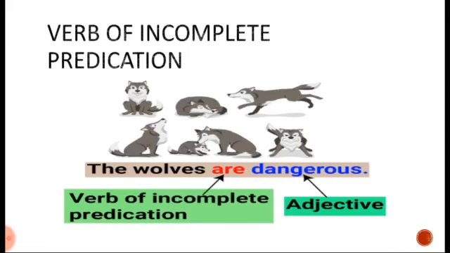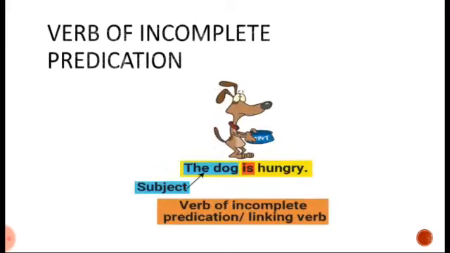See some more examples. The wolves are dangerous. What is the subject? Wolves is the subject, are is the verb. Again dangerous is an adjective, so it will be an intransitive verb and it is a verb of incomplete predication. Next, the dog is hungry. Here dog is the subject, is is the verb and hungry is an adjective.